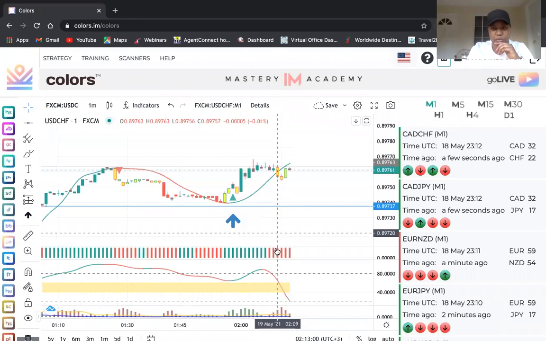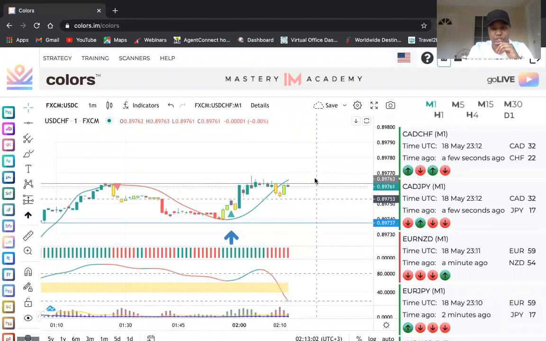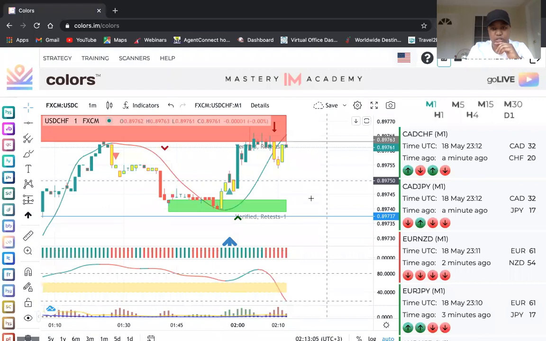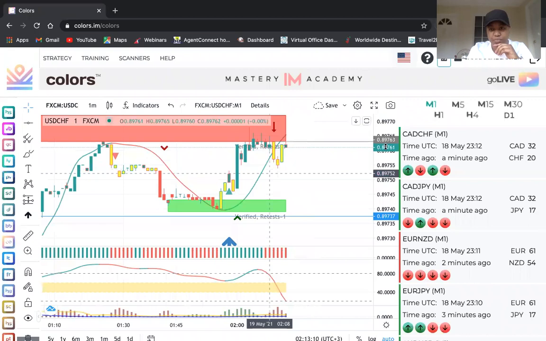The box disappeared. So can you see what's happening right here? The smaller one disappeared, and now the buyers are in control. A little bit is coming up to retest this TP1 again.